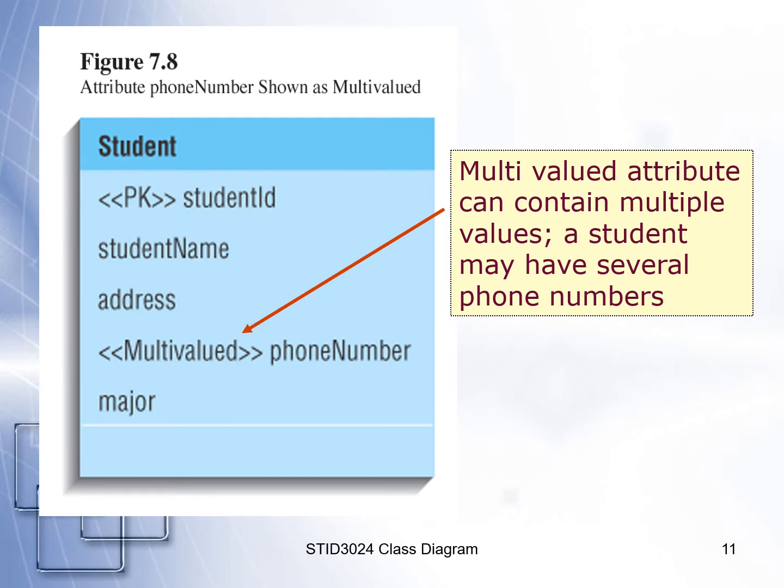You can also have your attributes as multi-value, meaning that an attribute can have more than one value. For example, if you want to capture students who might have more than one phone number, you can set it as multi-value.